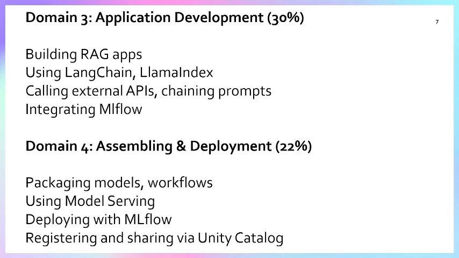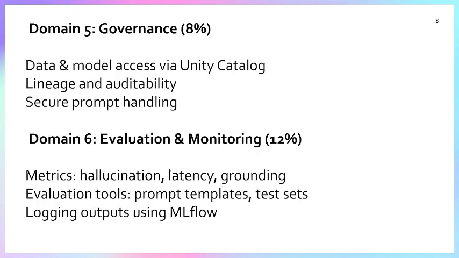Domain 4 covers 22% and is assembling and deployment: packaging models, workflows, using model serving deployment with MLflow, and registering and sharing via Unity Catalog. Domain 5 is governance: data and model access via Unity Catalog, lineage and auditability, and secure prompt handling.